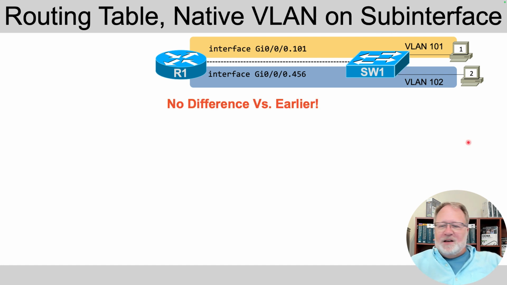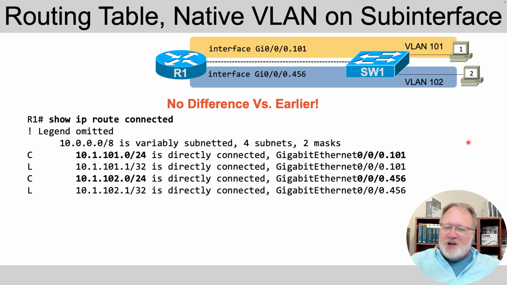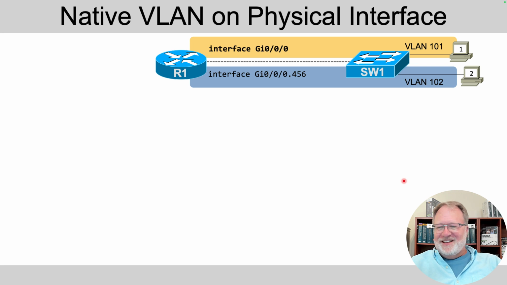All right, so when you do that, you still have a routing table, but there's really no difference to it. There's nothing in the output of show IP route that shows anything about the native VLAN. You still have our subinterface IDs out here to the far right, for instance. So that's Wendell's favorite. Not that that matters for the exam, right?